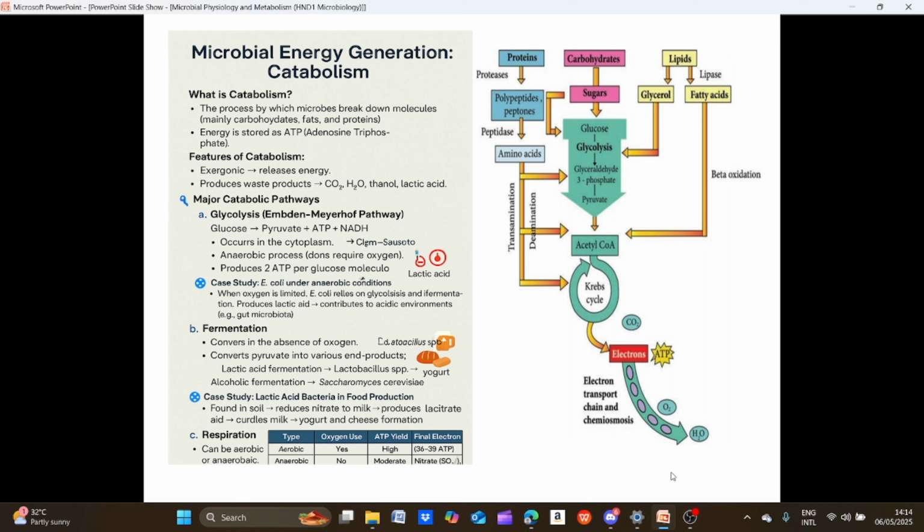The other major catabolic pathway is glycolysis, which is the enzymatic breakdown of glucose into pyruvic acid. For example, we have a case study of E. coli under anaerobic condition. They are going to utilize and undergo glycolysis.